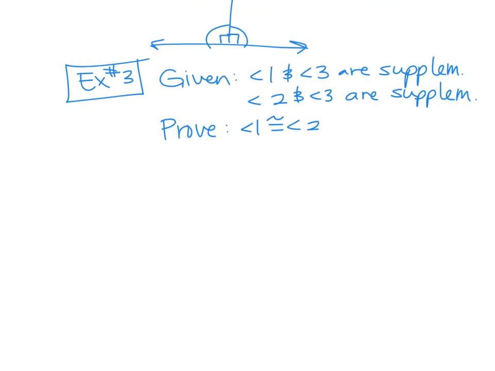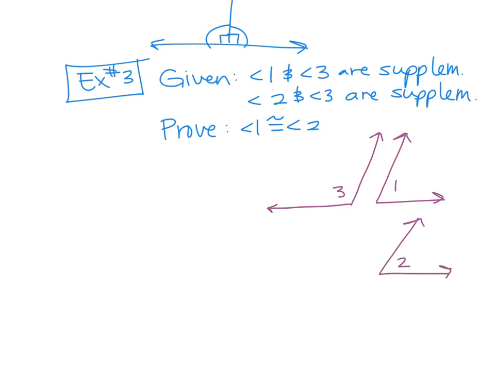So let me draw you the picture. So let's say this is 3, this is 1, and this is 2. All right, what is the first step of your proof?